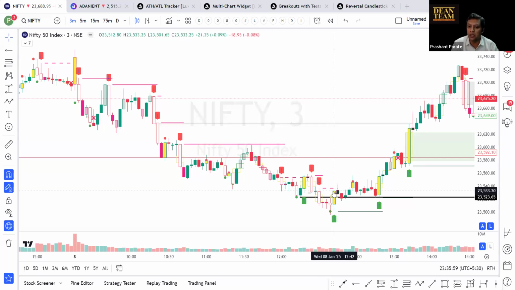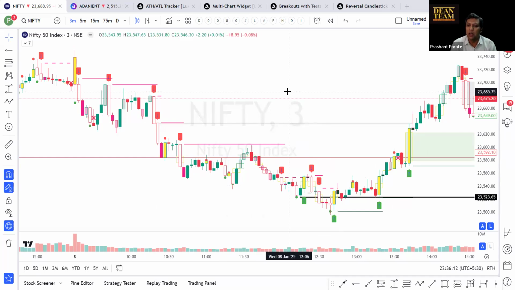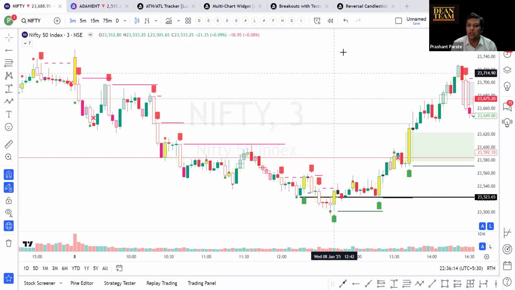When this candle is printed, I will sell the put and keep the stop loss above the day's high. That is one trick which I use: spot is falling, but option premium is not increasing in puts. That shows that selling is increasing in puts. This is one trick which I follow.